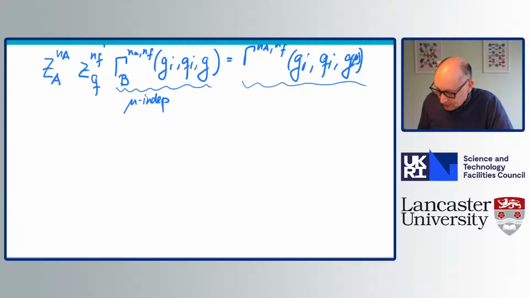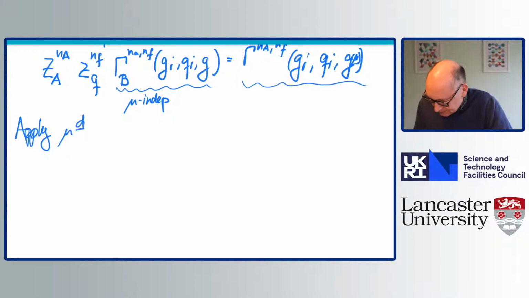So if we apply a derivative to the right hand side, we get the mu d/d mu on the renormalized Green's function.